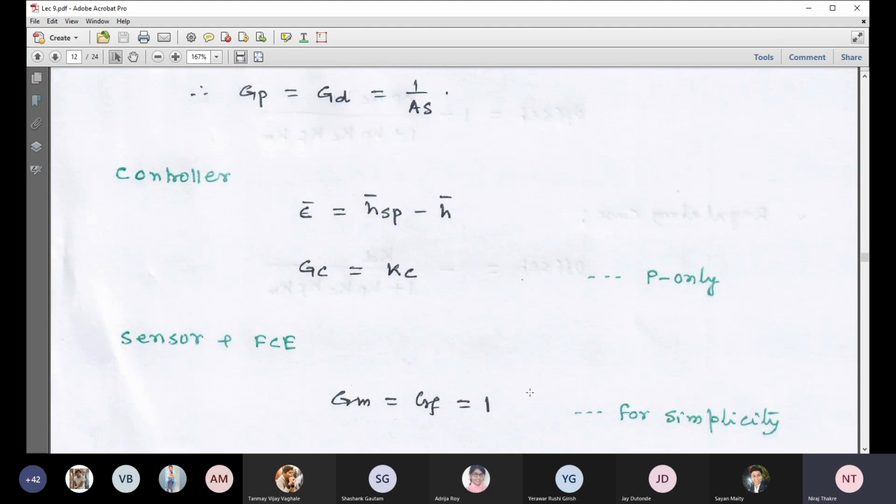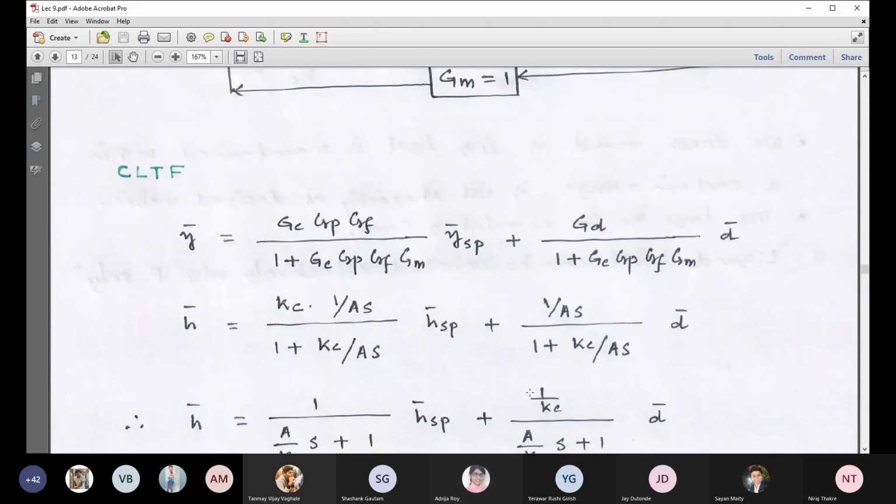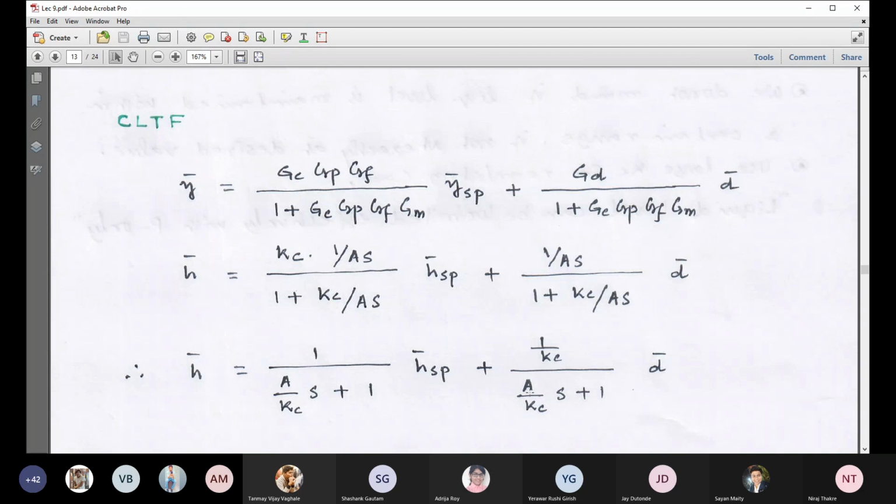Now you use in the second step equation 6 and find the closed loop transfer function expression. You can match now.